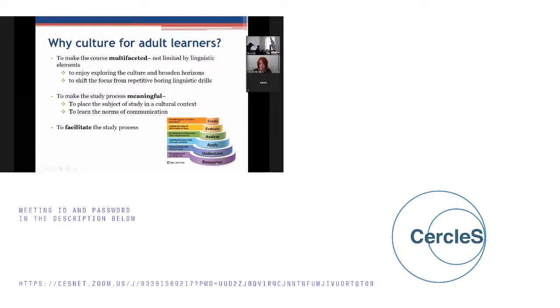They remember new vocabulary, new phrases, they understand how to use them, they apply these phrases in a controlled classroom setting. But to achieve higher learning outcomes, such as being able to analyze, evaluate, and create, culture comes in very handy. And as a result, students have this sense of achievement.